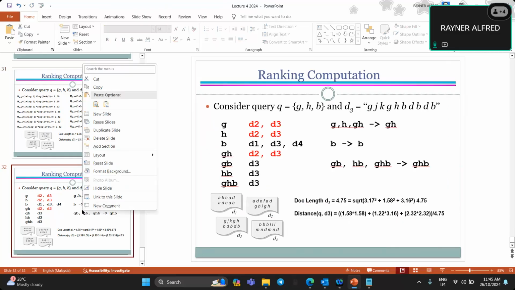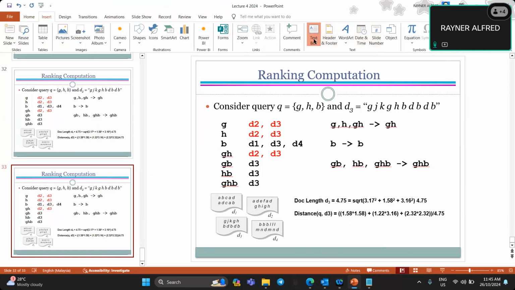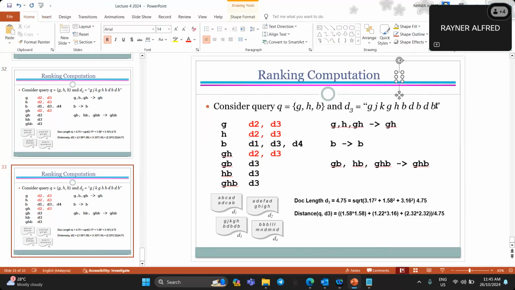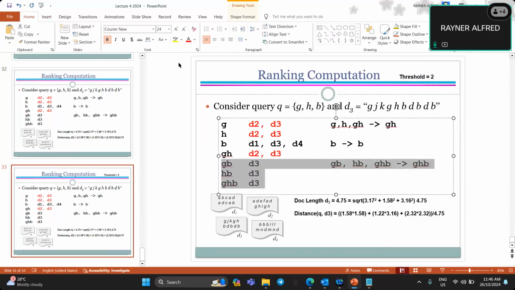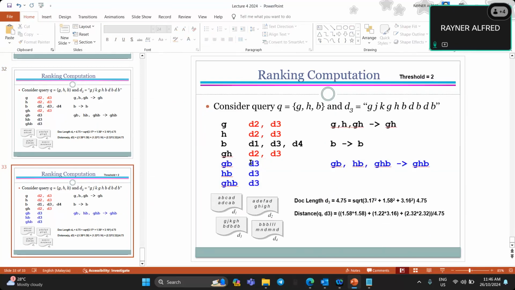So the third one, how do we reduce? We say that a term set is frequent if it exists in, if we set the threshold to 2. If the threshold is 2, that means this one is no longer frequent, because it only has 1.